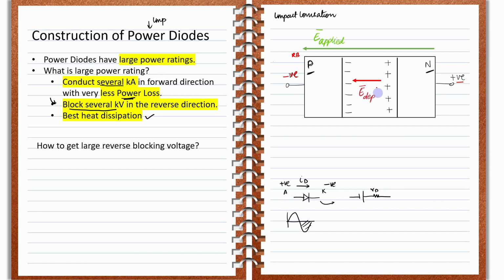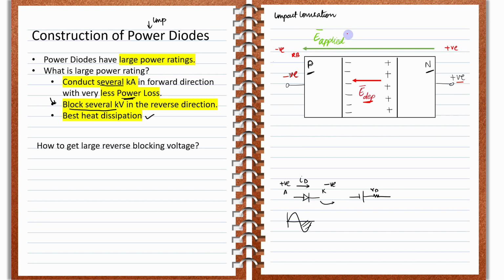We know that in this condition there will be an electric field within the depletion region, and I have marked that direction. The electric field exists from positive to negative, and I have called it E depletion. This is the electric field which exists in the depletion region due to these charges. Now, due to the applied voltage, which is positive on this side and negative on this side, there will be another electric field.